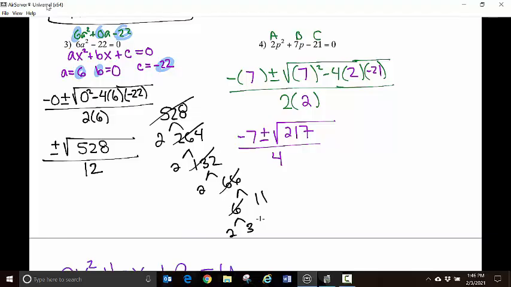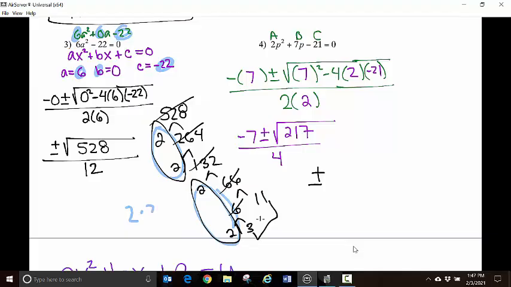Look with your group once you have this on your paper and make sure you understand. So we have a pair of 2's, another pair of 2's, and we're left with a 3 and an 11. So we have plus or minus this 2.